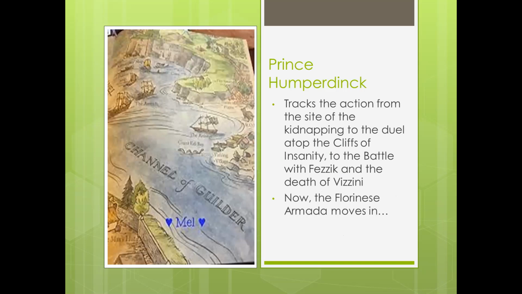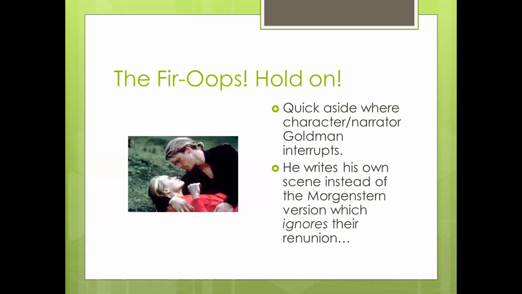At which point he can see Buttercup and the Man in Black, Wesley, heading down to the channel of Gilder. So he mobilizes the Florinese armada to cut them off.